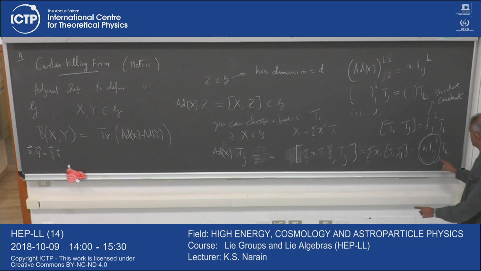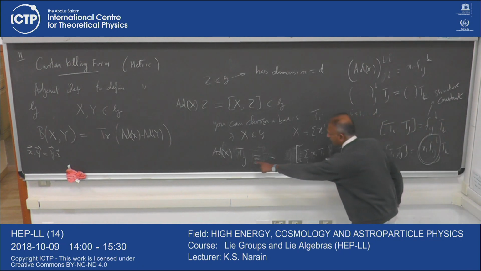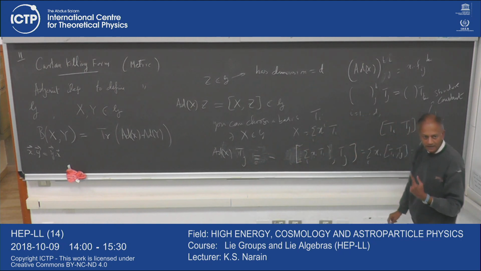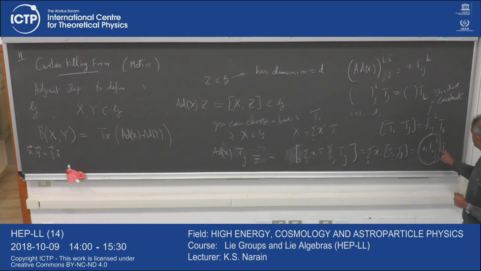So you see what's happening. This j is a free index, so it's acting on Tj, for j equal to 1, 2, 3 and so on. For each fixed j, I get a linear combination of Tk's. That's exactly matrix multiplication.